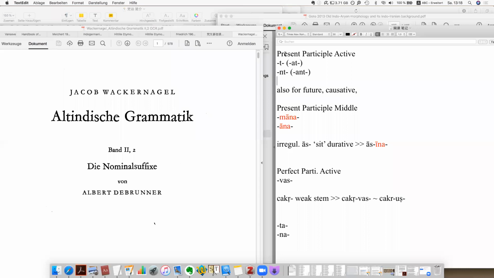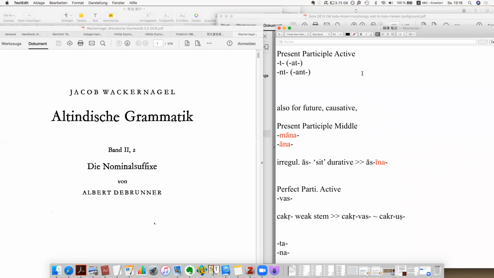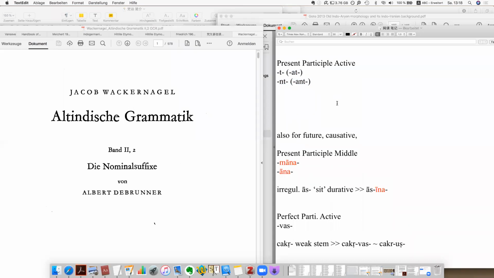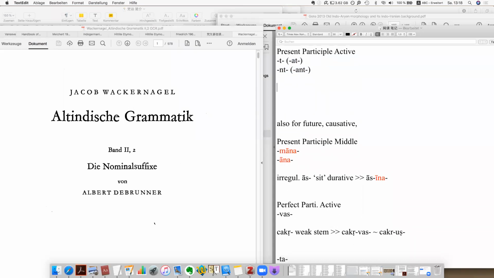Well, this is the present participle active, and so now probably comes a question: why do we have these different forms? Because it has something to do with ablaut.